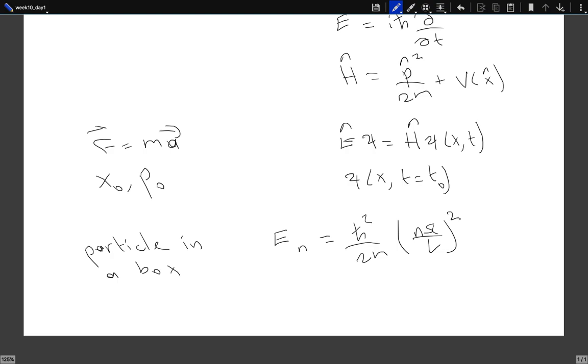These are the only possible energy outcomes. And the corresponding wave function was square root of 2 over L times sine of n pi x over L. Let me call it psi n.